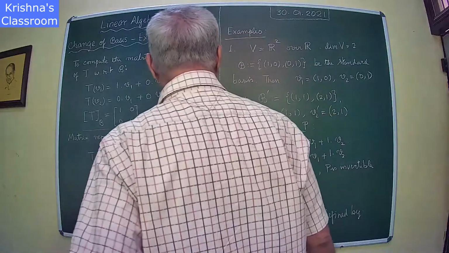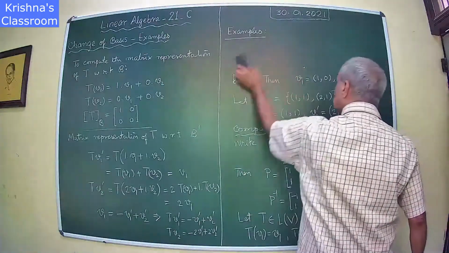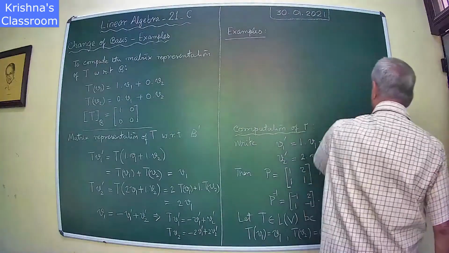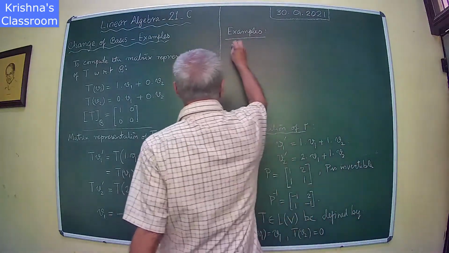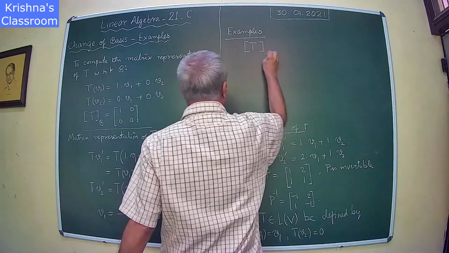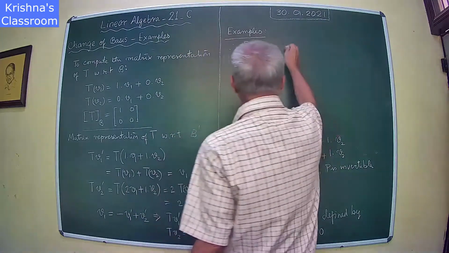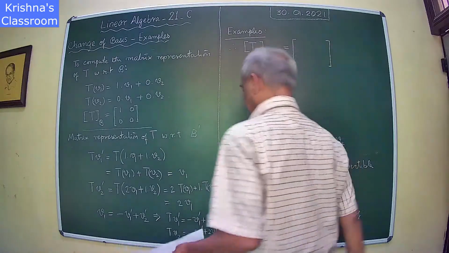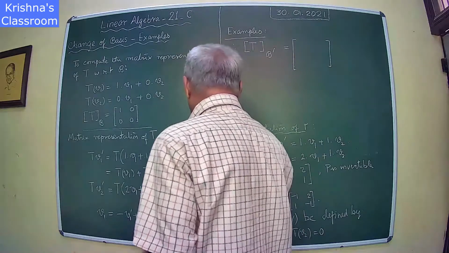Okay. So let us now we are in a position to write down the matrix representation. Therefore, the matrix representation of T with respect to B prime is given by, see the coefficients of V1 prime and V2 prime.